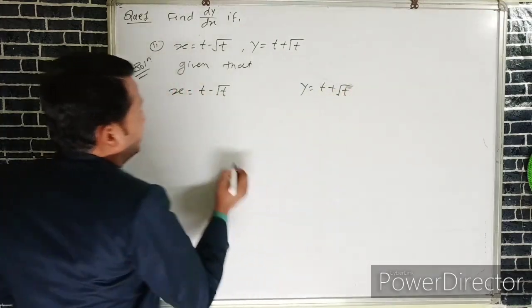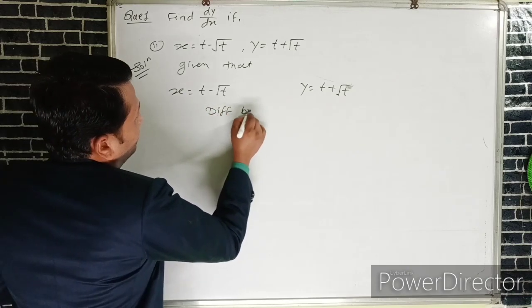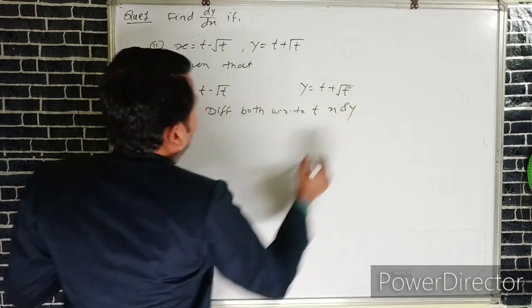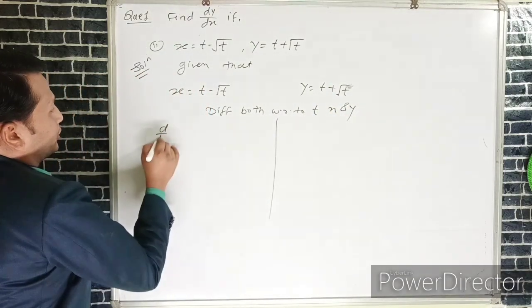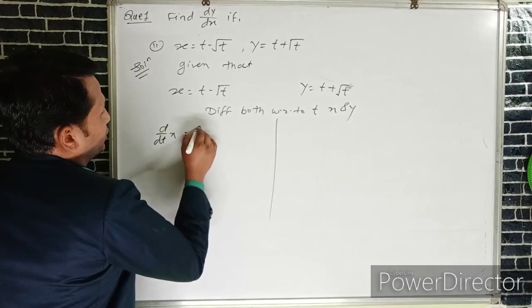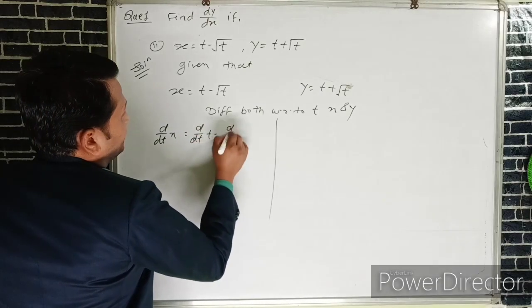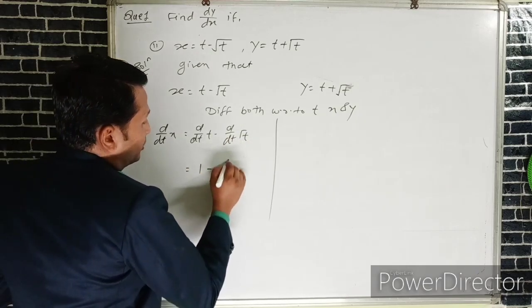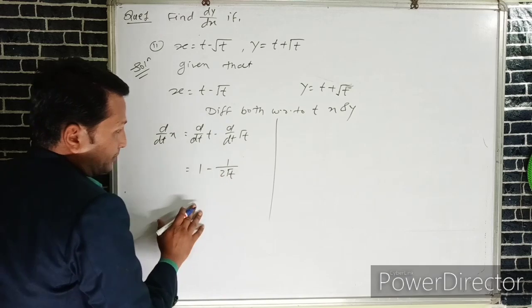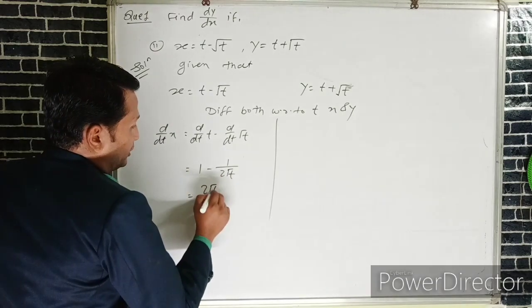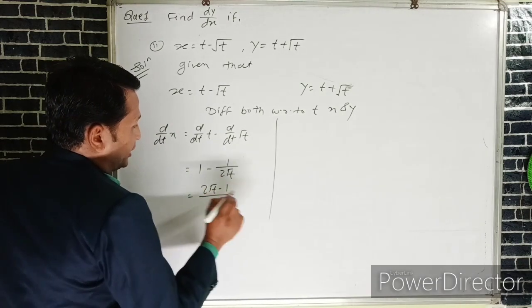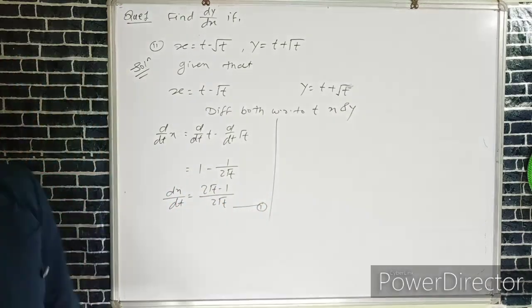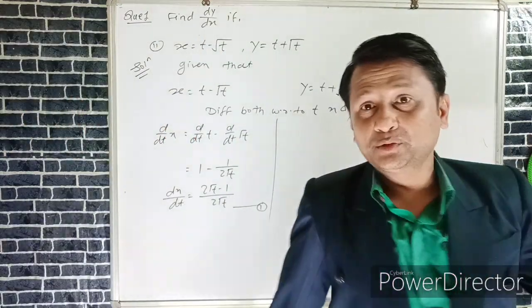If we differentiate both x and y with respect to t, derivative of x is derivative of t minus derivative of under root t. Derivative of t is 1 and derivative of root t is 1 by 2 root t. Here we can write (2 root t minus 1) upon 2 root t, which is the value of dx by dt, equation number 1.